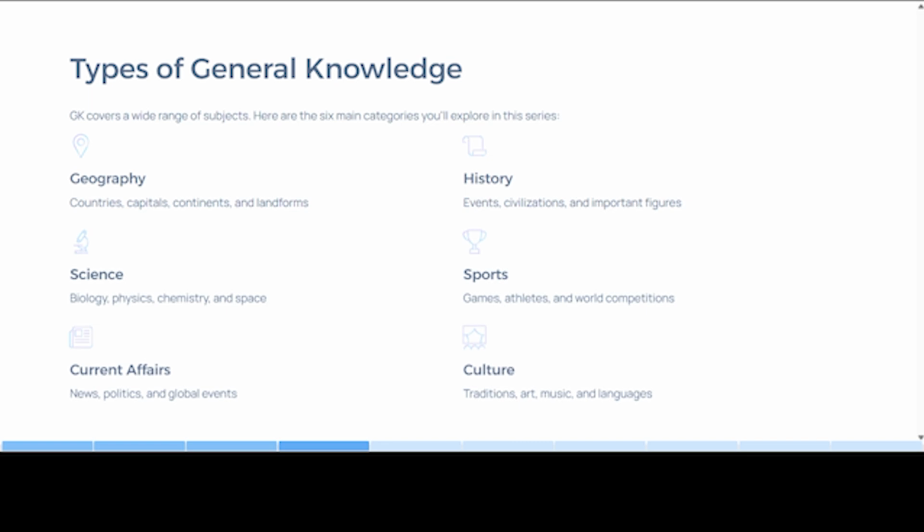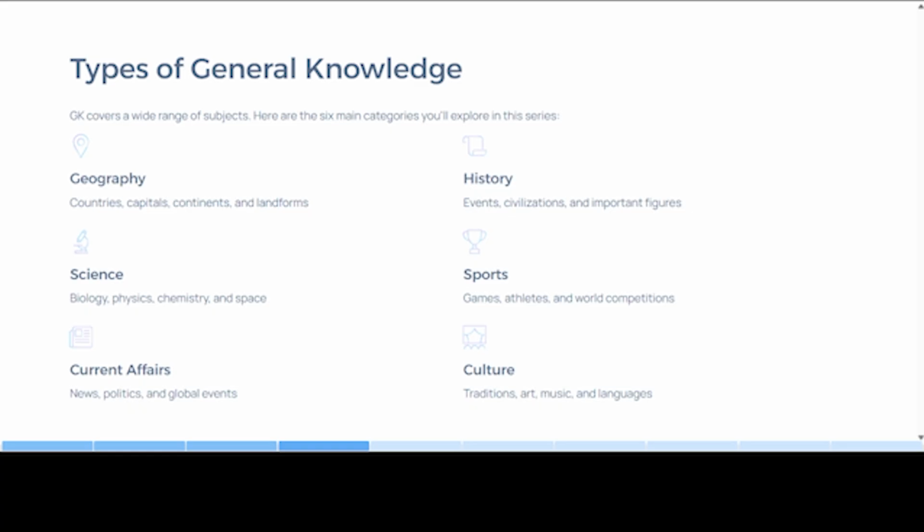Next, we are going to see types of general knowledge. General knowledge covers many different subjects. Let's look at the six major categories. Geography teaches about countries, capitals, continents, mountains, and so on. History, we already know what history is, right? It covers famous leaders from the past, events, civilizations, and so on.